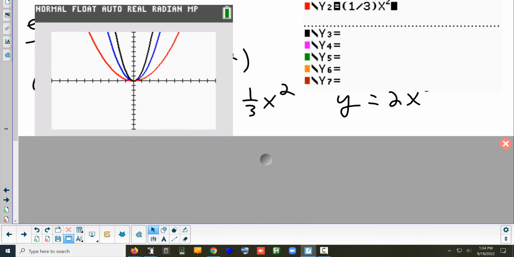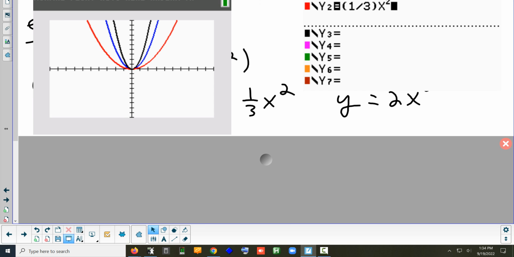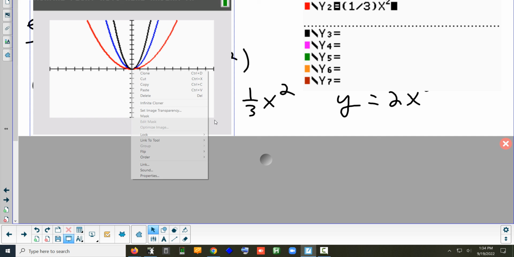And the way we describe this is called a vertical stretch. So imagine that this point was glued at the origin. If you had something that was glued down and you pulled up on the sides of it, or like somebody stretched you out, what would happen to you? You'd get longer and thinner, right? That's the black one. It was stretched vertically, so it got thinner.